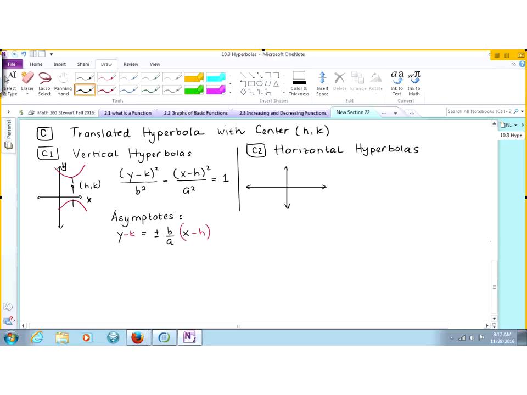So we just have to sketch everything. So suppose this is H comma K. If you want horizontal, it might look like this. And this is H comma K.